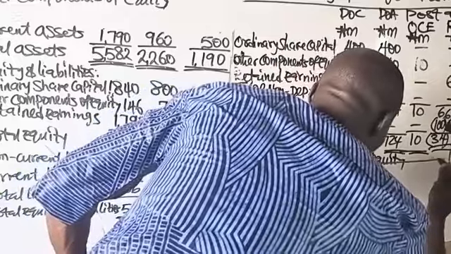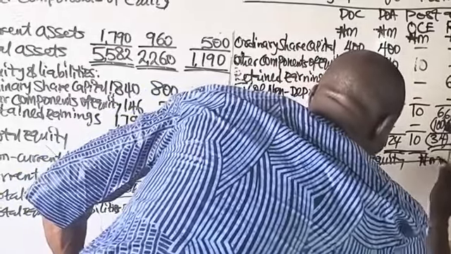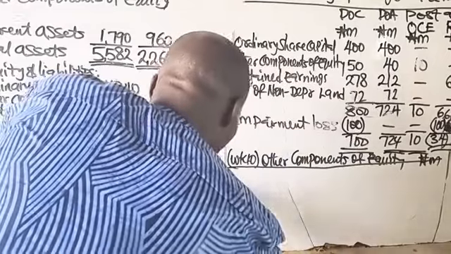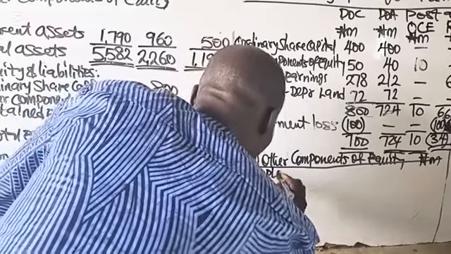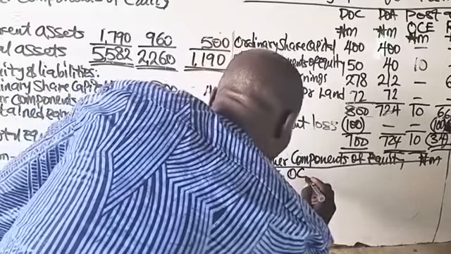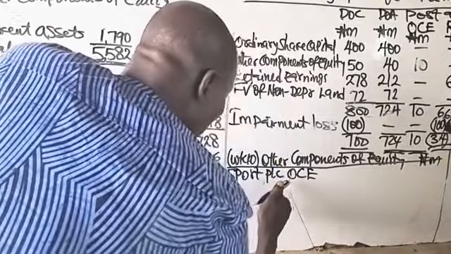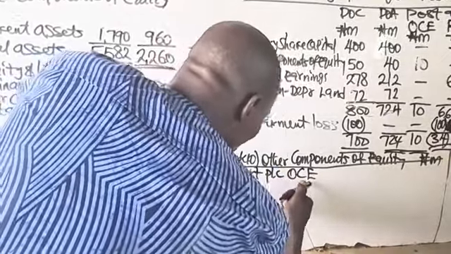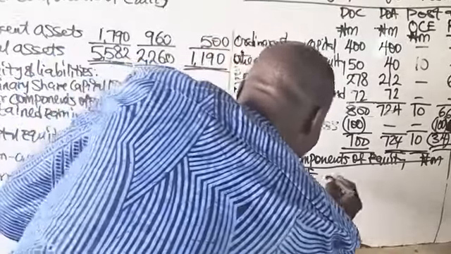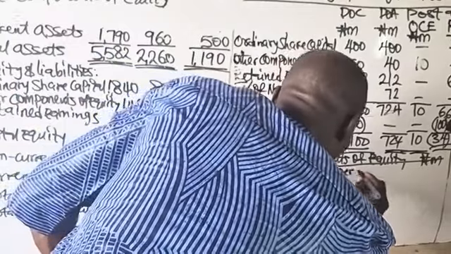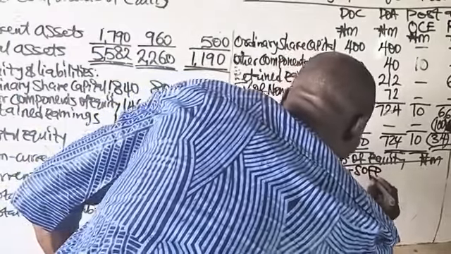You start with that of the parent, and the name of the parent is Sport PLC. OCE means other components of equity. Sport PLC, other components of equity as per the statement of financial position.